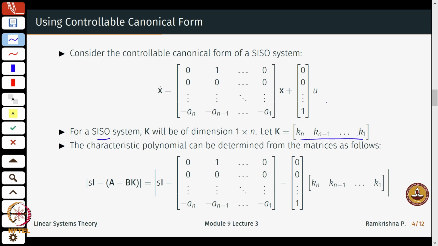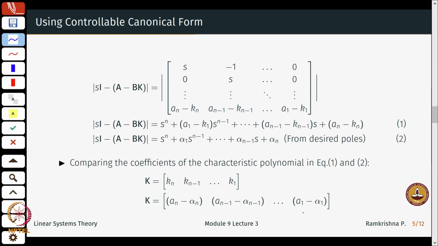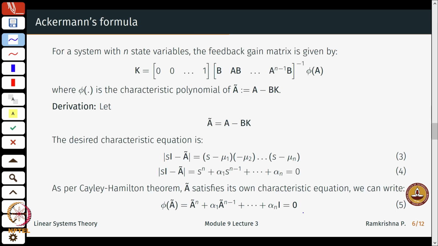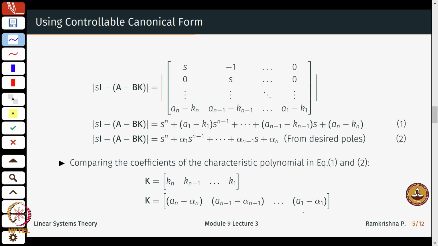Again I am looking at the closed loop characteristic equation, obtained by the determinant of sI minus A minus B times k. Let us do these computations and check where we are.